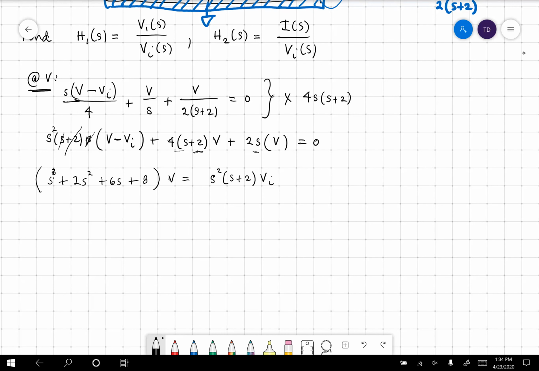All right, solve for V. V equals S squared, S plus 2, divided by S cubed plus 2S squared plus 6S plus 8. And then all that times V sub I.